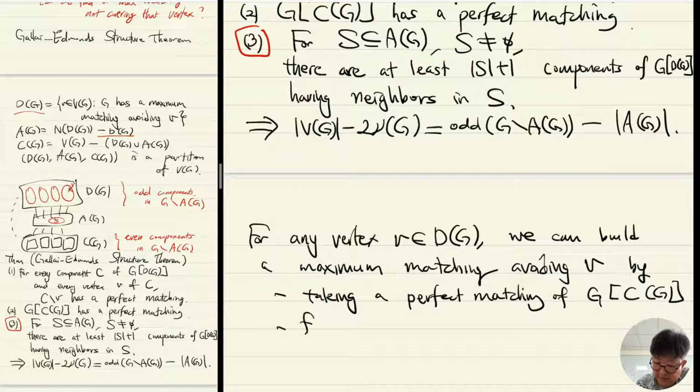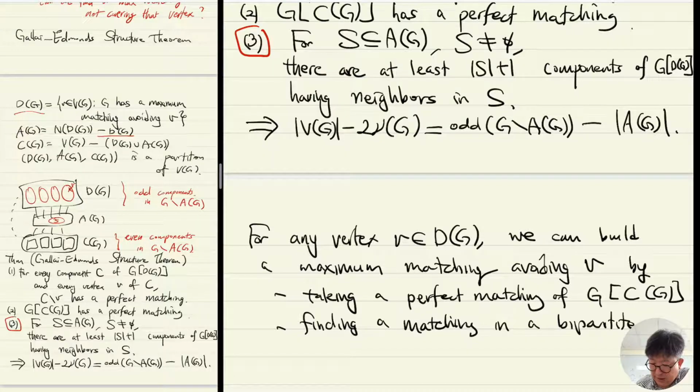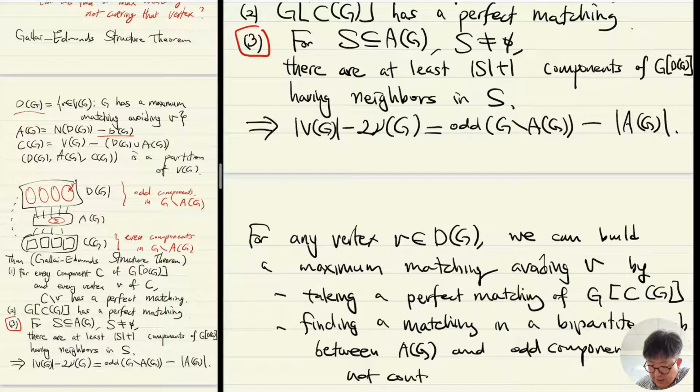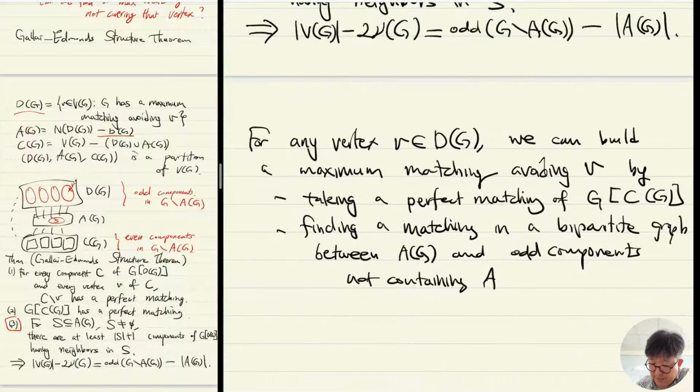And finding a matching in a bipartite graph between A of G and odd components not containing A, to match A of G with the vertices in distinct components.